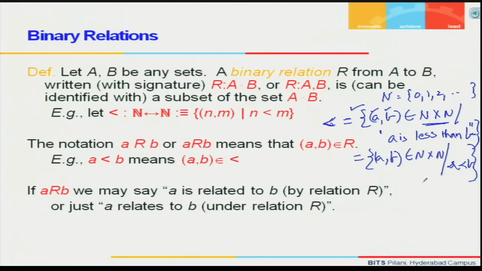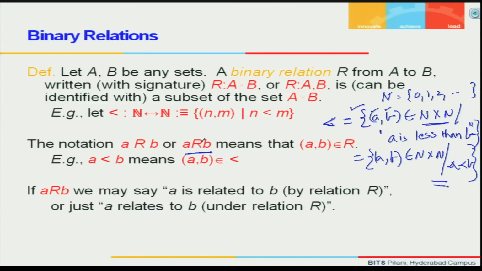Yes. Is (7, 1) going to be there? No, (7, 1) is not in this relation, because 7 is not less than 1. That is how I define a relation basically. That is how you are relating a and b by some meaningful relation.